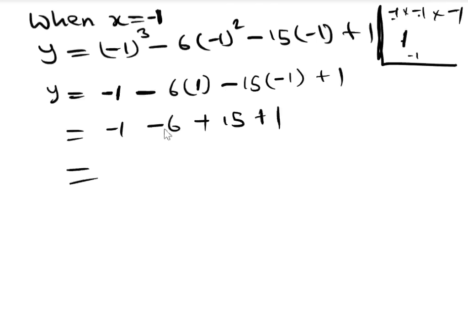Minus 1 minus 6 will be minus 7, and plus 15 plus 1 is 16. And this will be equal to 9. Therefore, when x is equal to minus 1, we have y to be 9, and it can be written as (minus 1, 9).